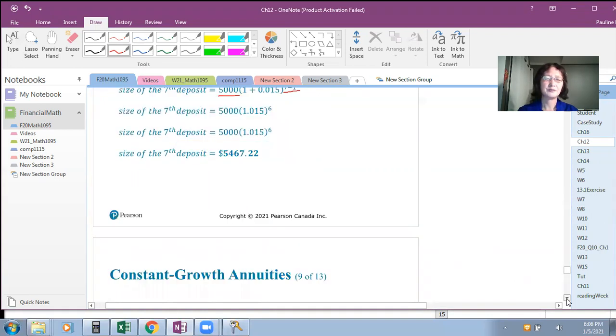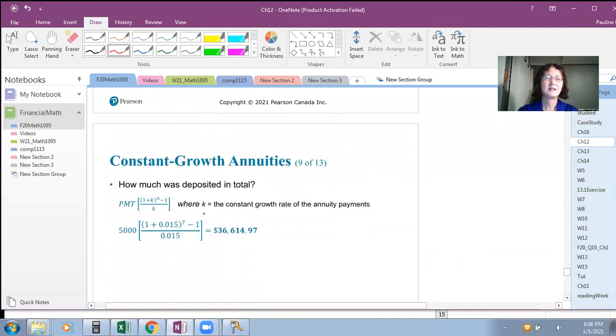And question 2. How much was deposited in total? So you actually calculate the sum of the payments. Use this formula here: PMT times bracket 1 plus K raised to power 7 minus 1, over K. So this is how much was deposited in total.